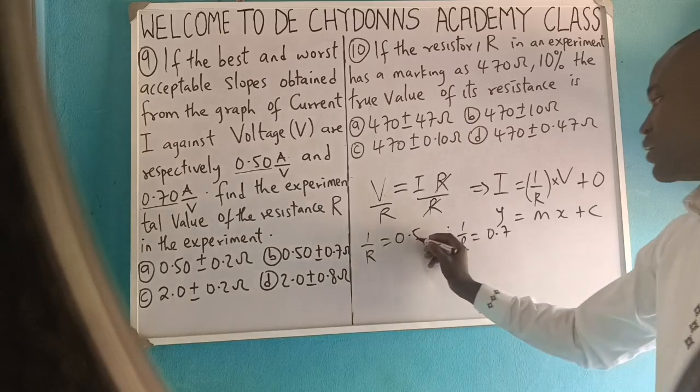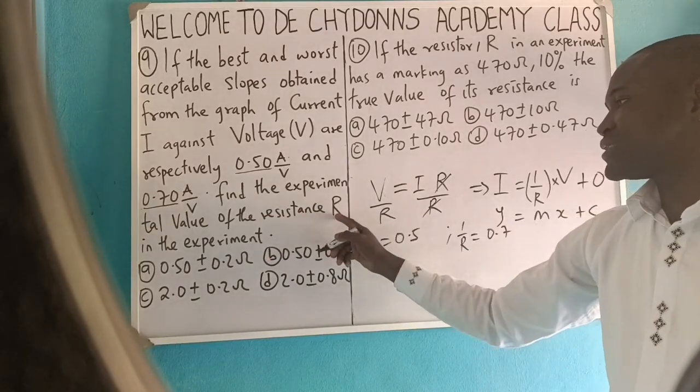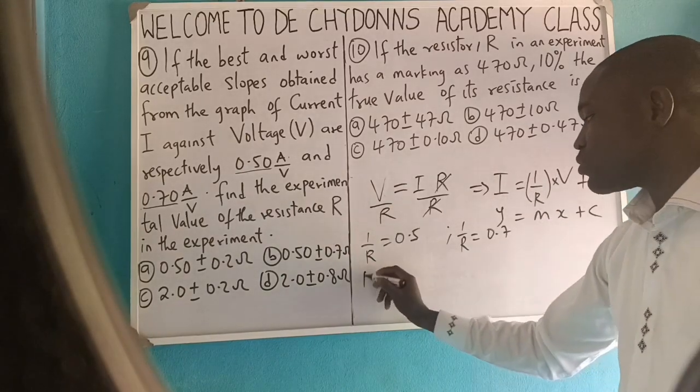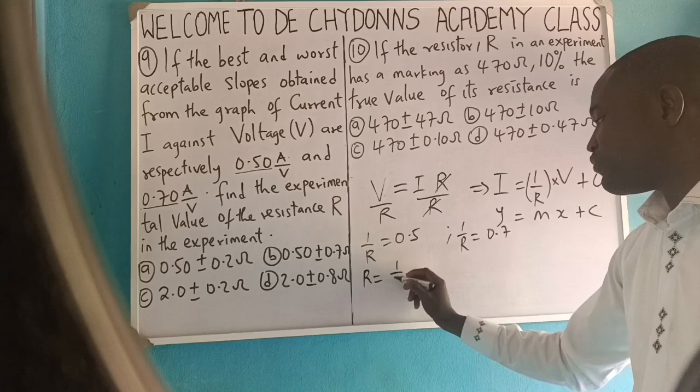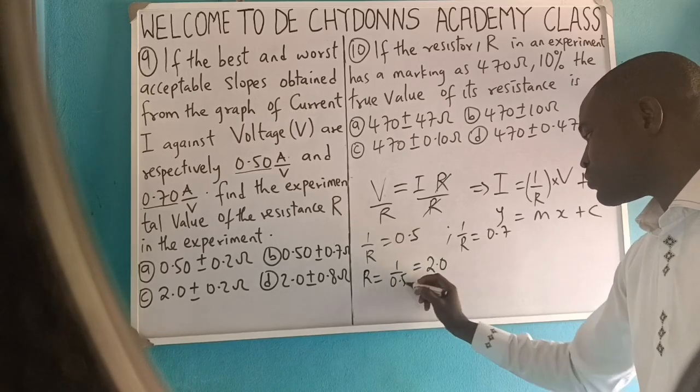Now, to get the experimental resistance of the resistor in the experiment, you make R inverted: 1 over 0.5. That will give you 2.0.